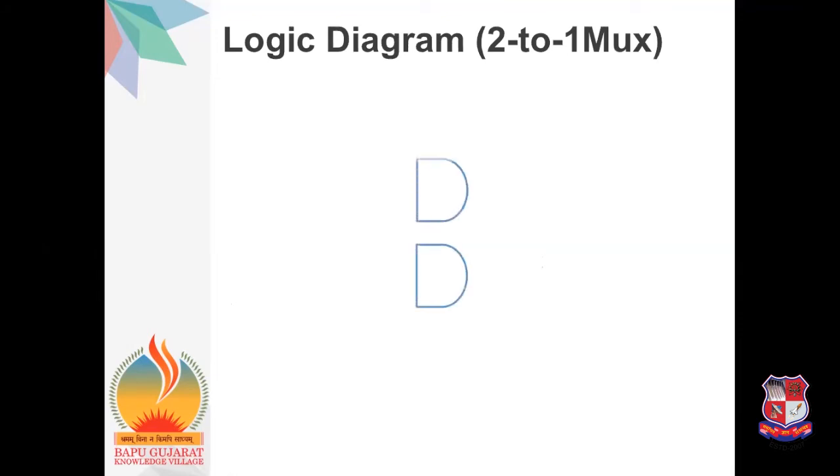Now let's see the logic diagram for the 2 to 1 mux. So here 2 to 1 mux has 2 AND gates. First AND gate has the input I0, second AND gate has the input I1. One selection line S0 is provided to each AND gate. Here for the I0 input, we provided the S0 bar value, so for that a NOT gate is required.